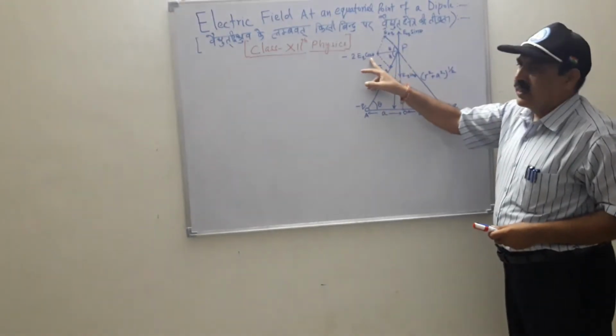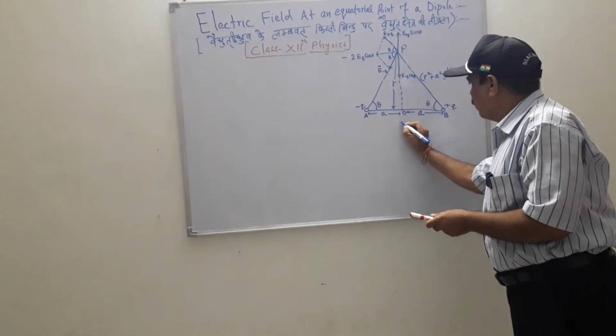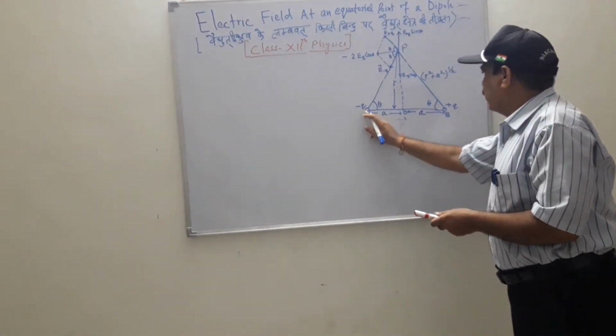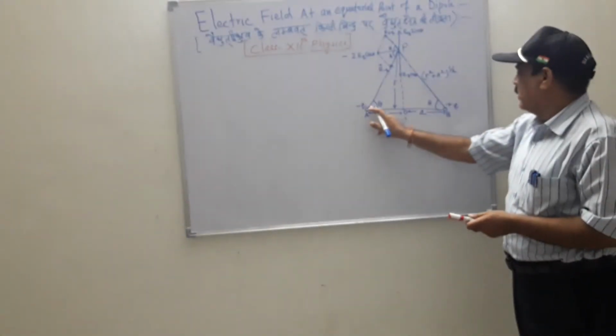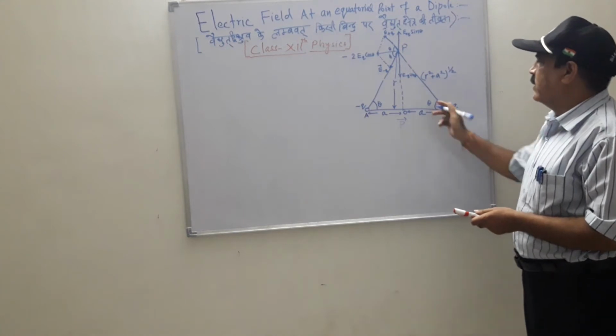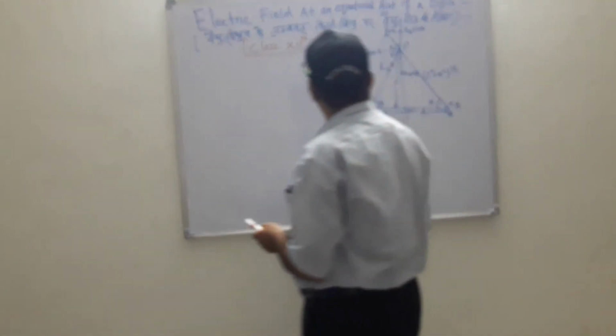The direction of this resultant horizontal vector is opposite to the dipole moment. The dipole moment is directed from negative Q to positive Q, and since the resultant is opposite to the dipole moment, it will be taken as negative.